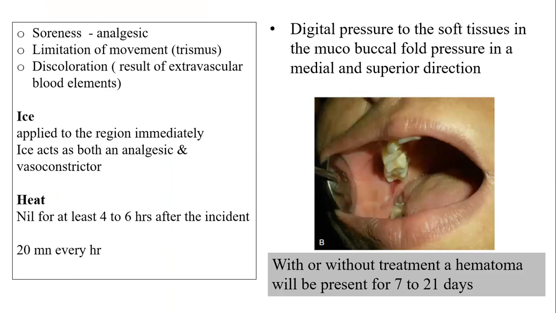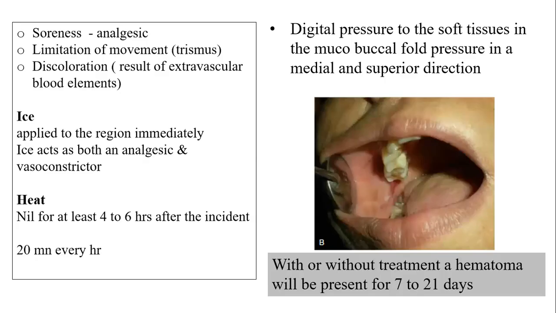Usually we apply digital pressure to the soft tissue, or place an ice pack on the extraoral surface immediately, so that the ice pack acts as both an analgesic and a vasoconstrictor. With or without treatment, a hematoma will be present for 7 to 21 days. Thank you.